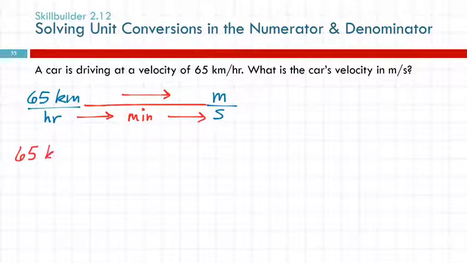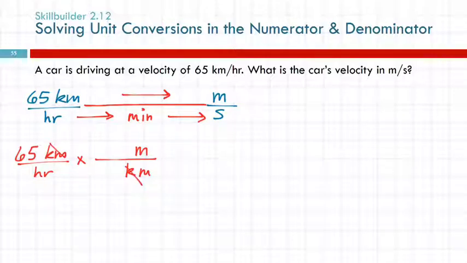So 65 kilometers divided by hours. I'm going to do the numerator first, just because that's what I like to do. So kilometers to meters. So I'll put meter here, and then I need to put kilometers in the denominator so that those cancel out. I'm done with the numerator. Now I'm going to go with the denominator. In the denominator, I have two arrows, so I'm going to have two more fractions. Here we're looking at things in the bottom, hours to minutes to seconds.